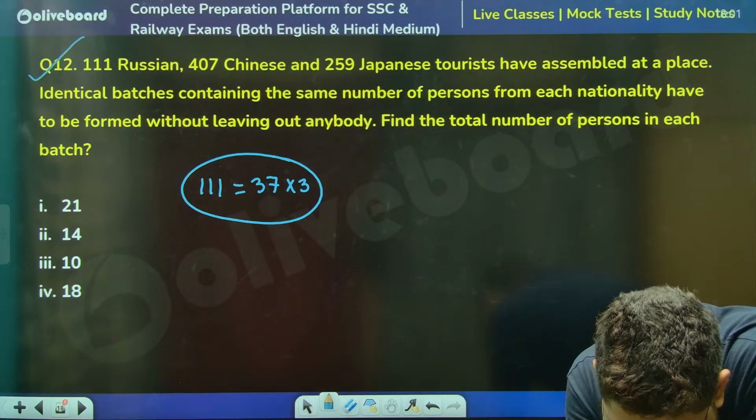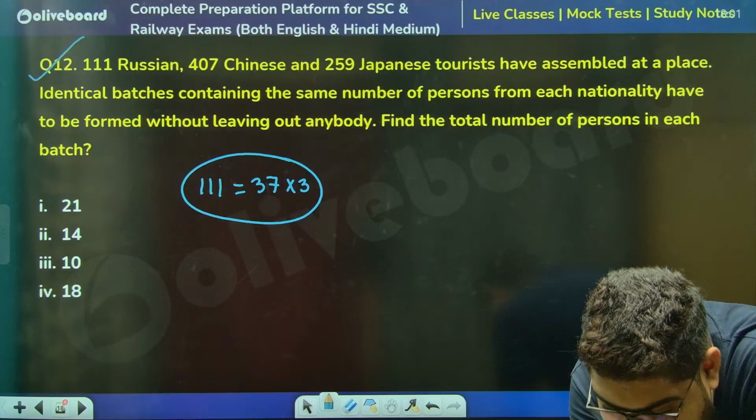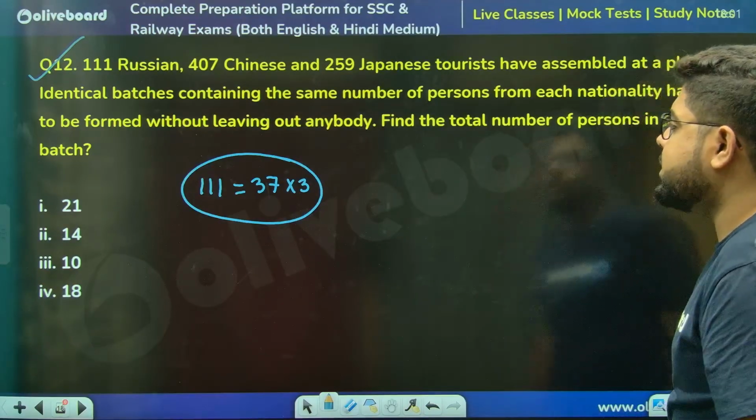Options में कुछ तो गलत है भाई इधर. 21 is not the answer.